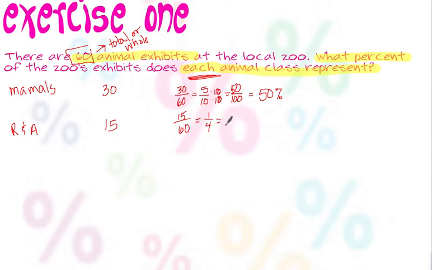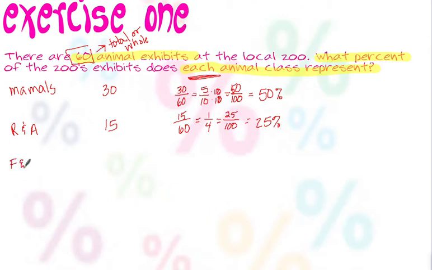And then I can multiply both of those by 25 and find that 25% of the exhibits are reptile and amphibian exhibits. Now, even though 60 isn't 100, we can still use equivalent ratios and equivalent fractions to help us find that percentage. So we find a way to get to 100 to find that percentage.